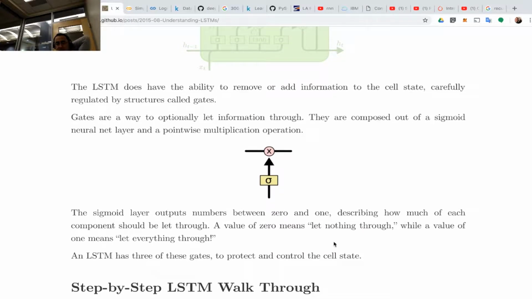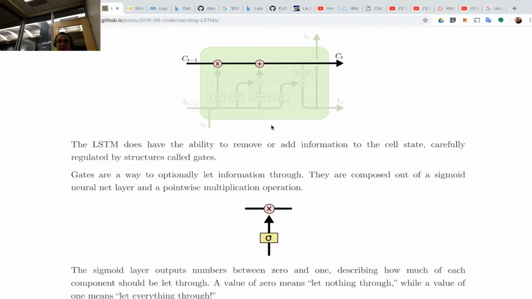An LSTM has 3 of these gates to protect and control the cell state. So you've got one here, a sigmoid and pointwise multiplication, then two here, and the third one is here. This is cool.